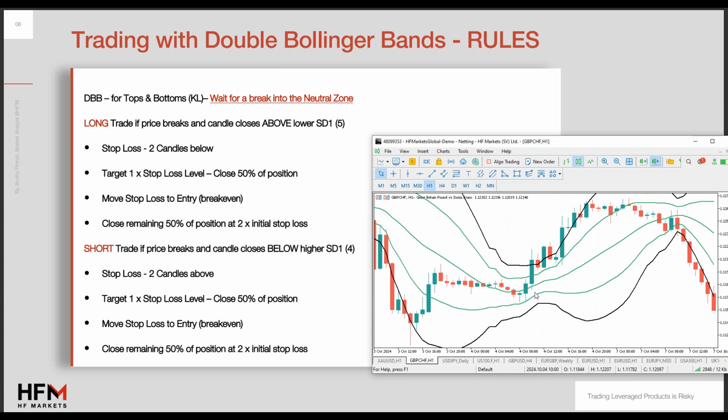So to trade long, take a long position, okay, if the price breaks and the candle closes above the lower standard deviation. So the lower standard deviation is this one, right? You can see my cursor, right?